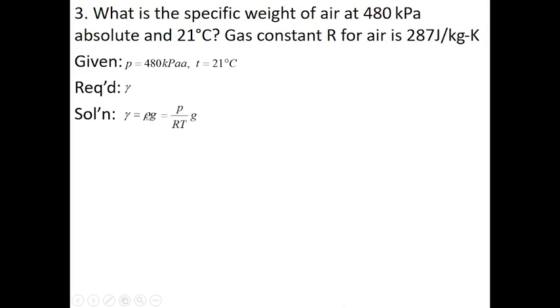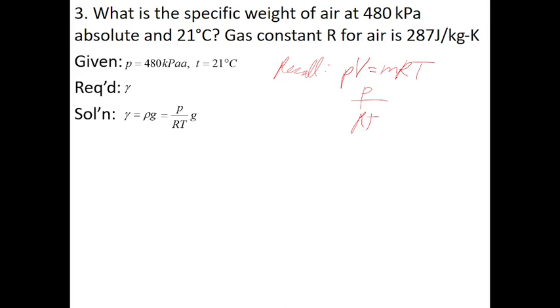So recall the ideal gas equation. In thermodynamics, the product of the pressure and the volume is equal to the product of the mass of the substance, the gas constant, and the absolute temperature. Take note, P here is absolute pressure also. And in this case, we have P over RT.